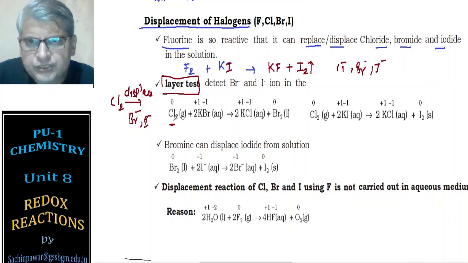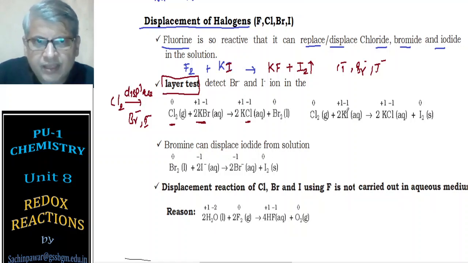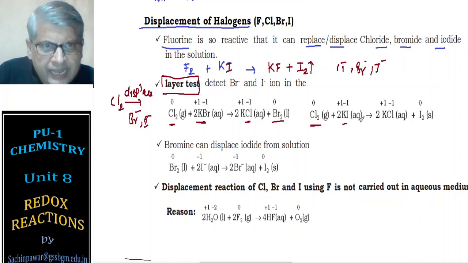Just to give an example, here you see chlorine when it is passed through KBr, Br is replaced or displaced by Cl. Again you see bromine gas is evolved, and again chlorine, when it is passed through KI, you see I is replaced or displaced by chlorine and iodine is liberated.